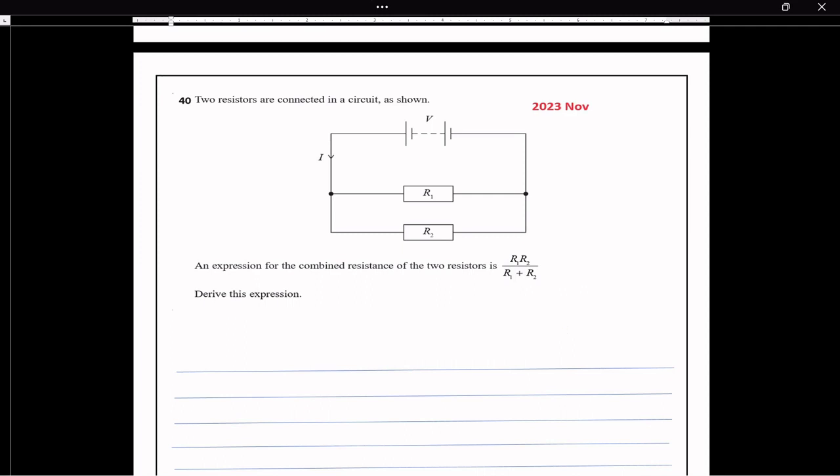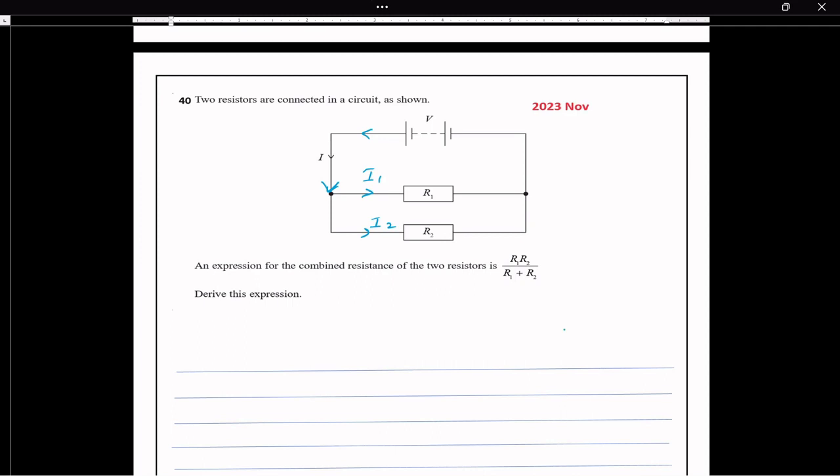So here you see that the current starting from the battery, when it reaches here, according to conservation of charges, branches out into two currents. Say it is I1 and I2. So the total current I must be equal to I1 plus I2 according to conservation of charges.